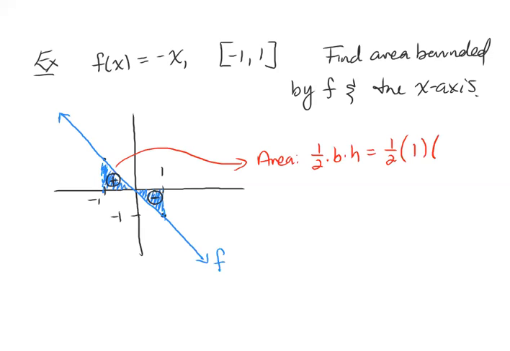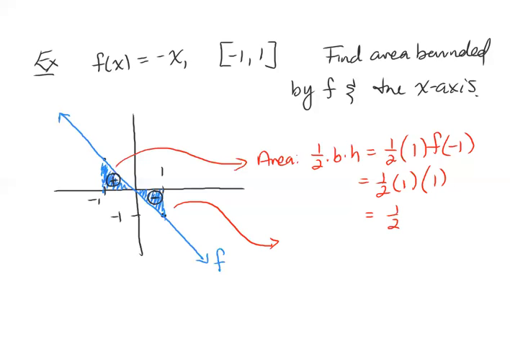The height is also 1, which I get from a function value. The height I can get by taking f of -1, which is equal to 1/2 times 1 times f of -1, which happens to be 1. So that gives me 1/2. So there's the first one.